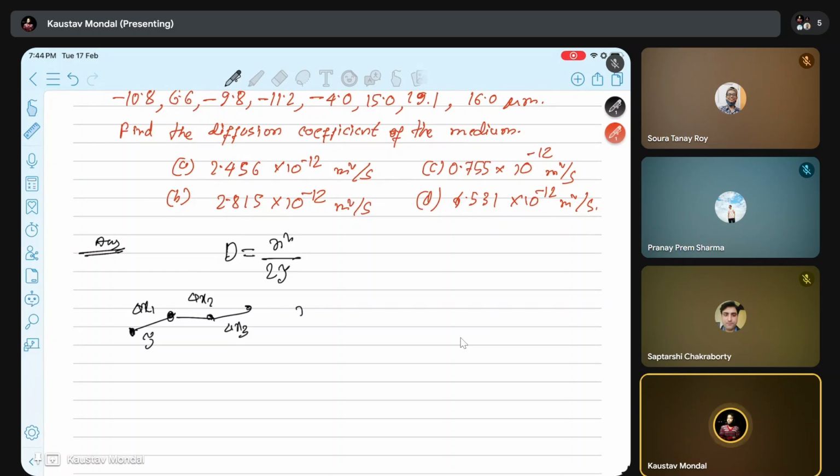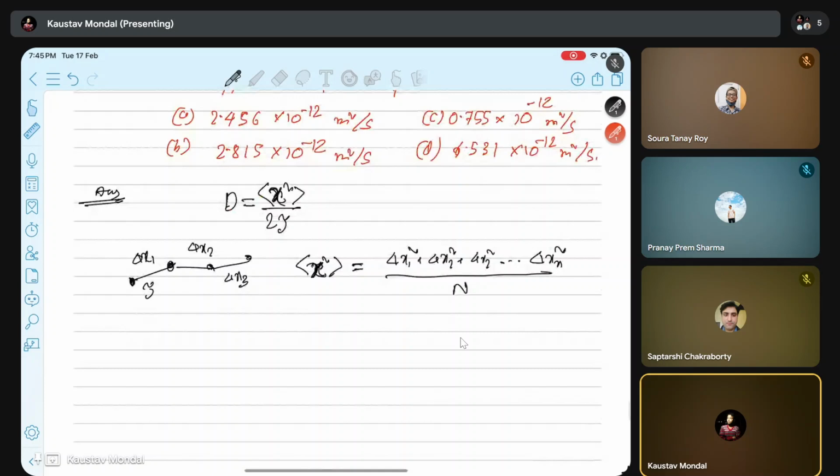So the MSD, the mean of x square, is delta x1 square plus delta x2 square plus delta x3 square up to delta xn square, whole divided by n.